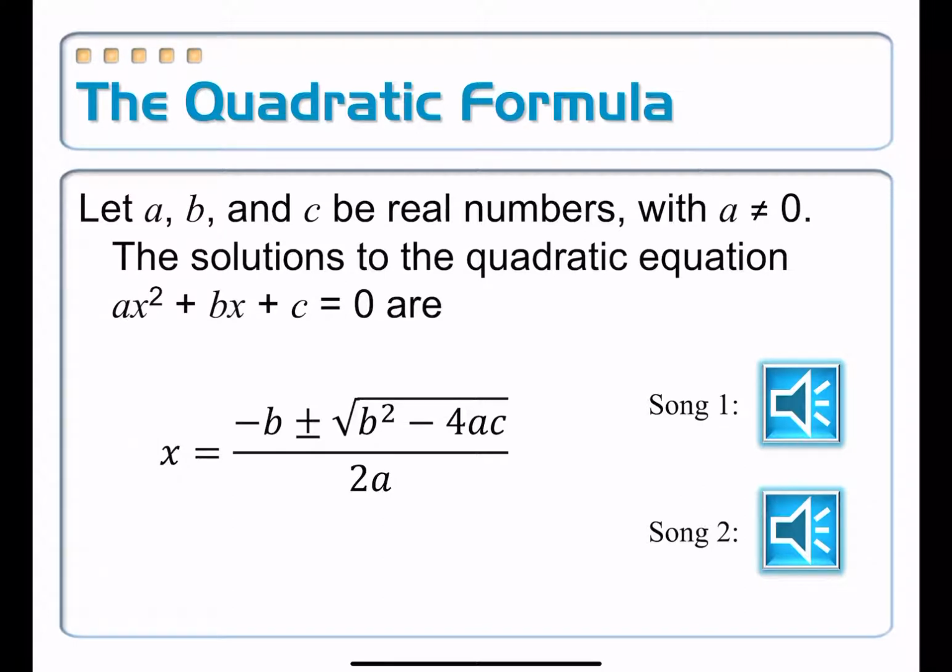It's negative b plus or minus the square root of b squared minus 4ac all over 2a, where the b's, the a's, and the c's are just coming from the numbers inside your standard form of your quadratic equation. Most math teachers have you sing this to Pop Goes the Weasel, and that's what these songs are over here.